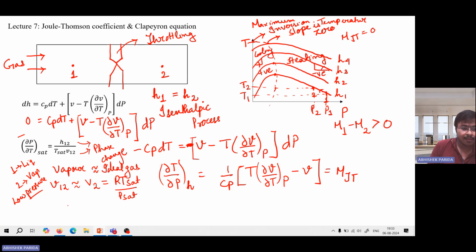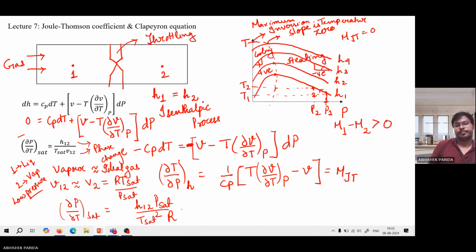And when you substitute that, dP by dT at the saturated state is equal to H12 P saturation by T saturation square R. This is the Clapeyron equation, and you can also integrate it by bringing P saturation to this side: dP sat by P sat is equal to H12 dT by R T square.